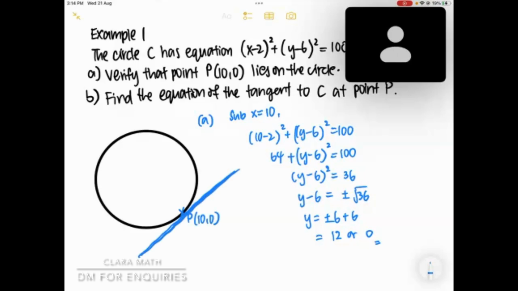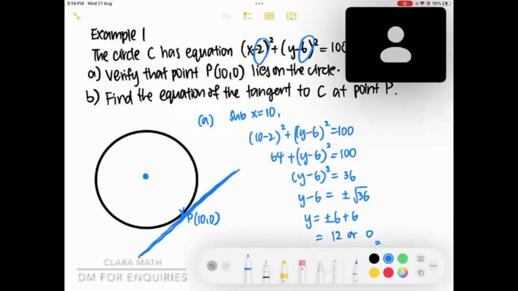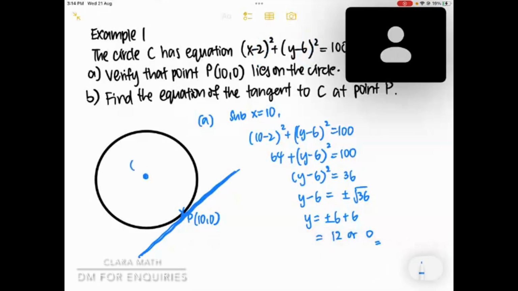The center of the circle in this case is (2, 6), so I'm going to write 2 and 6 here. I want it to connect to that point P. That will be the radius.